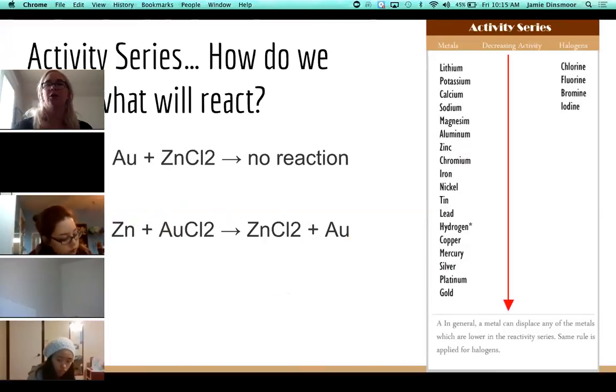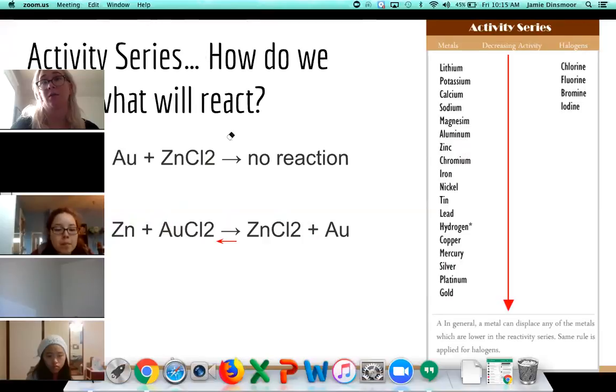So this is a reaction that can't happen both ways, right? You guys might have seen or started to notice that as we get into some of these reactions, sometimes you'll see arrows like that, right, where the reaction could go both ways. This reaction can't, right? This reaction can only progress if zinc is taking the place of gold. Otherwise, it can't happen.